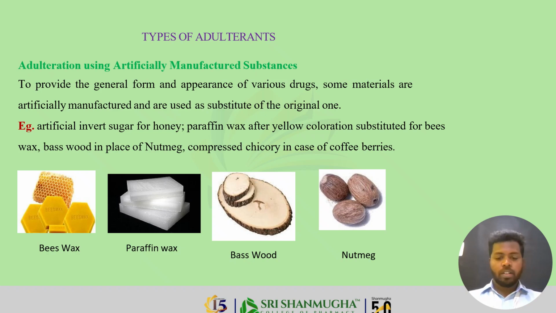intentional type of adulteration. Here, substances are artificially manufactured to look like the original drug. The main aim is to copy appearance, shape, and color. For example, artificial invert sugar instead of honey, paraffin wax colored yellow instead of beeswax, basswood instead of nutmeg, and chicory instead of coffee berries.